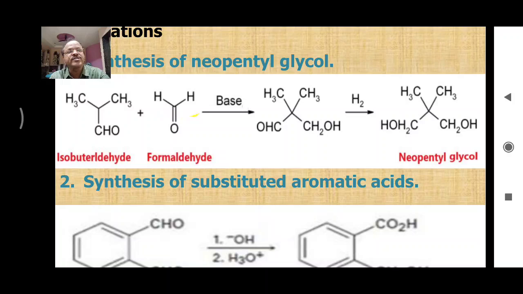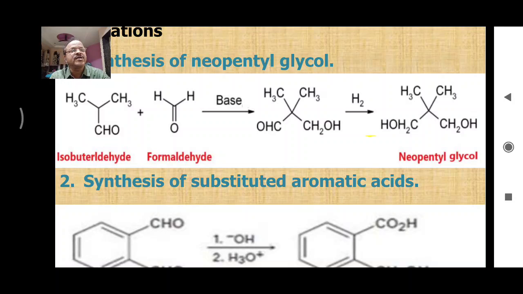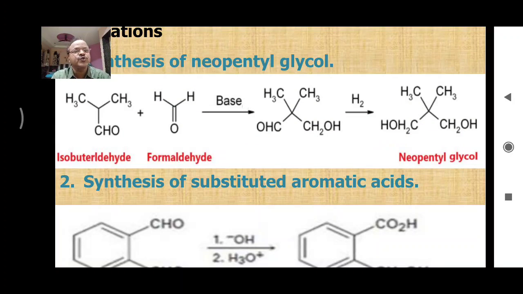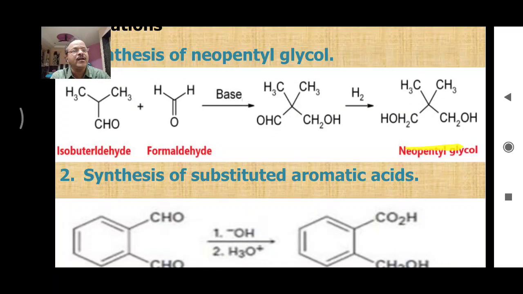It reacts with this formaldehyde in presence of this base. This is the hydroxyaldehyde, and which on reduction forms this neopentyl glycol. The CHO is converted into CH2OH, and we are getting here neopentyl glycol. So this is the first application of Cannizzaro reaction.